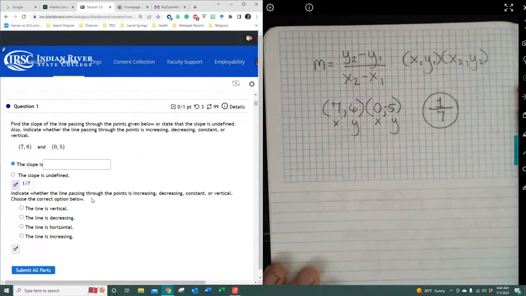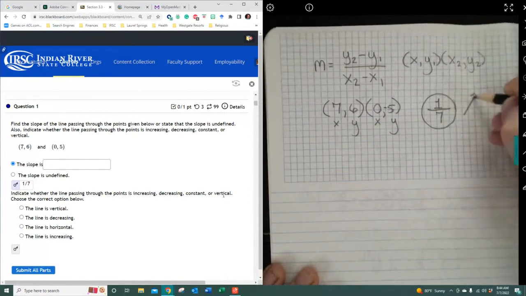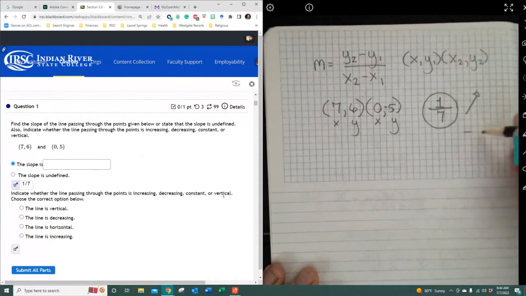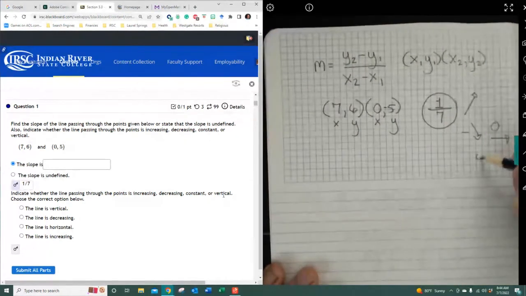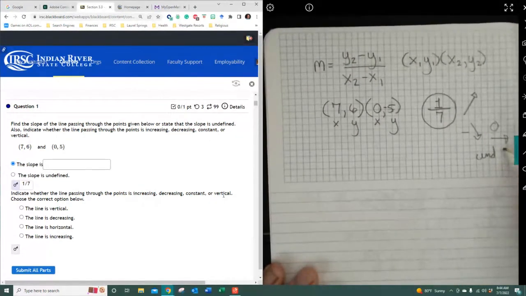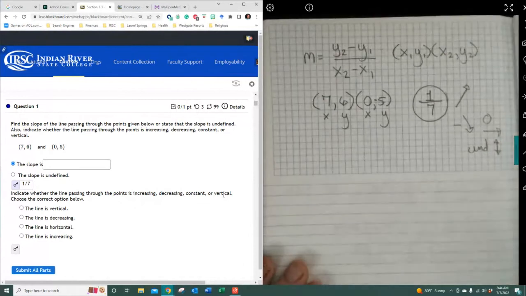Now indicate whether the line passing through the points is increasing, decreasing, constant, or vertical. If the slope is positive, it's increasing. If it's negative, it would be decreasing. If it's 0, then it would be horizontal. If it's undefined, then it's vertical. Those are all the different things.